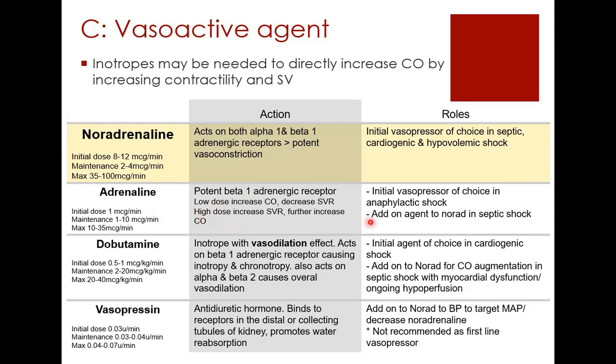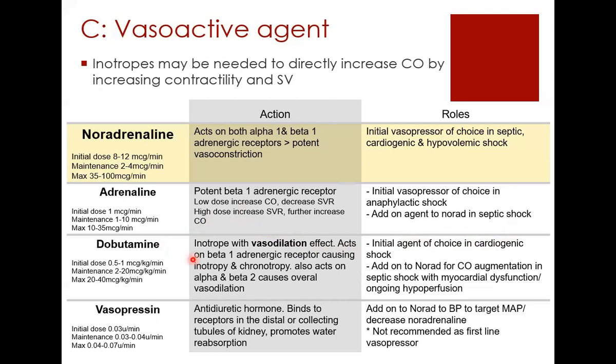Second, if the patient is in anaphylactic shock, then you may consider adrenaline, because it acts on the beta 1 adrenergic receptor, so it will increase your cardiac output. It can also be used as an add-on agent to noradrenaline in the case of septic shock.